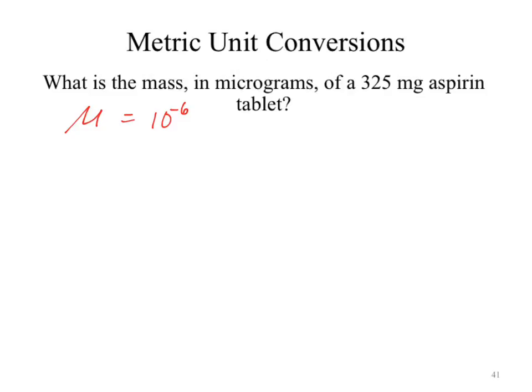Officially, according to our textbook, we go with what we want as our answer on the extreme right. What do we want as our answer? Micrograms. What do we start with? 325 milligrams. Is milligram equal to microgram? No. So we have to do a conversion.